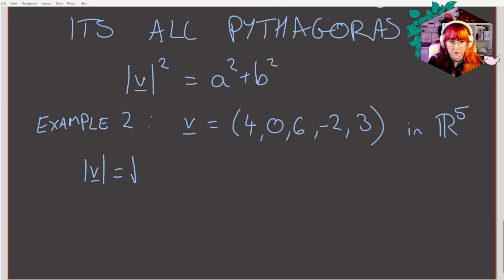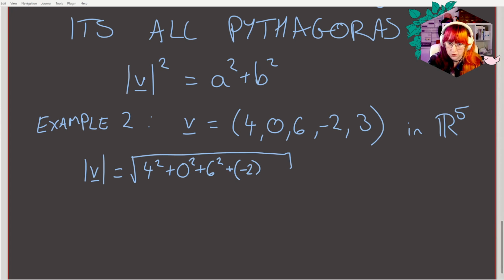is still the square root of 4 squared plus 0 squared plus 6 squared plus minus 2 squared plus 3 squared. Classic mistake here would be to do minus 2 squared rather than minus 2 all squared. But when you're adding norms, it doesn't matter if it's positive or negative. We don't really care about direction.